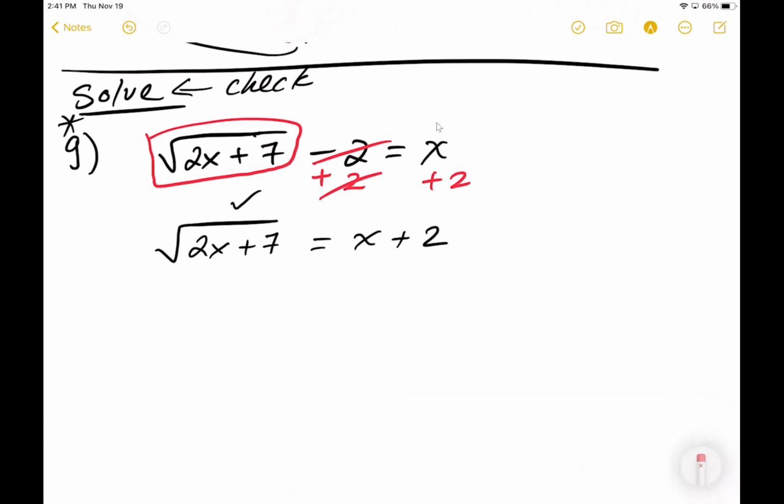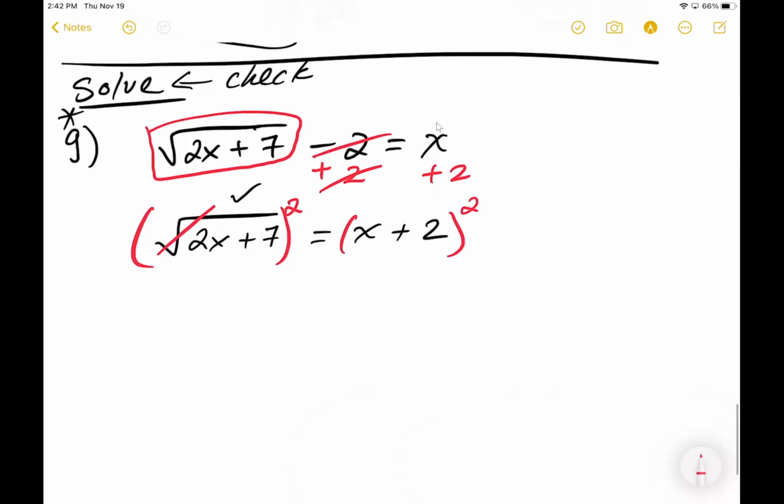So now that my radical is by itself, what do I need to do to get rid of the radical? Well, to get rid of the radical, I need to square it. And if I square one side, I have to be fair and square the other side. The reason is that the square and the square root cancel out.